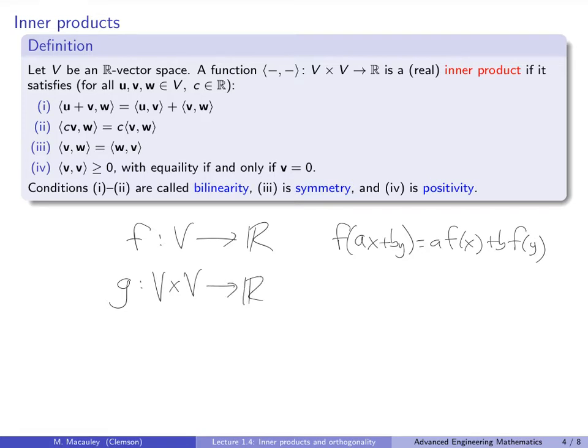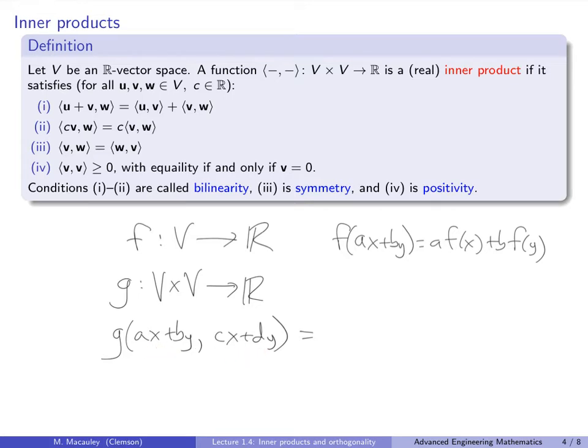So it's fundamentally different because it takes two inputs, so it doesn't just take a single input v right here, it takes two inputs. So I could write something like G of ax plus by in the first coordinate and cx plus dy in the second coordinate. And I want to ask, what does something like this equal? Well, bilinearity means that if you fix one of the coordinates and treat it as a constant, then it's linear in the other coordinate.